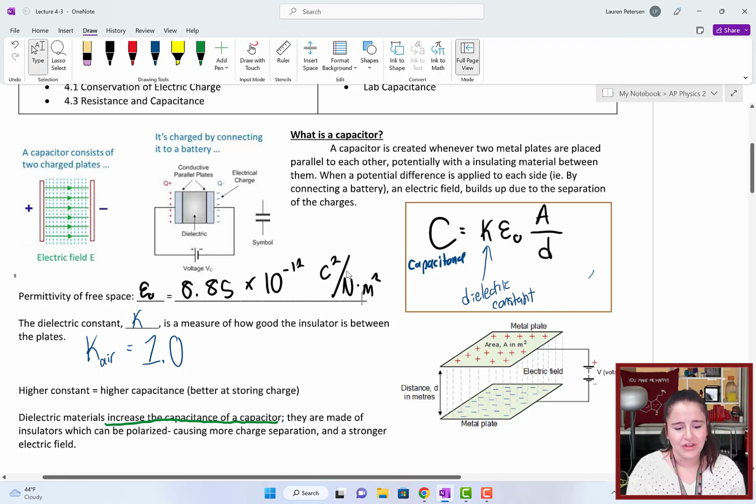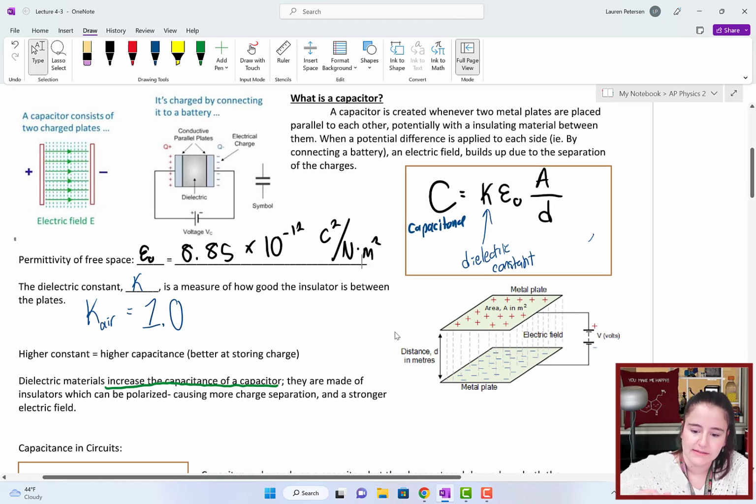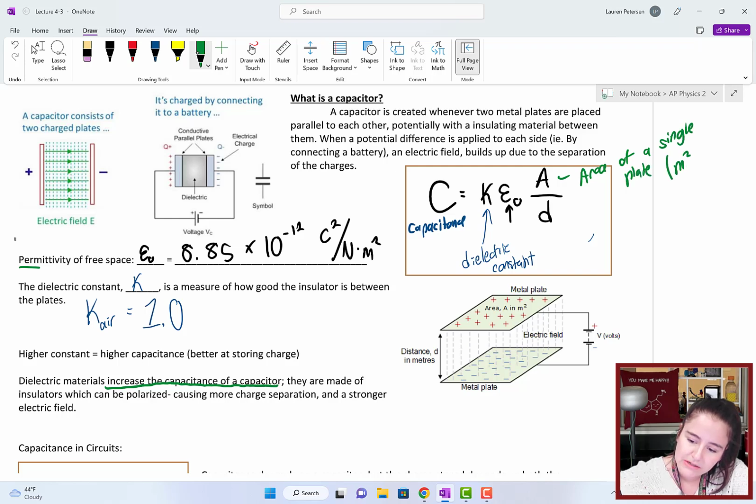Okay, again, units are just kind of made up to make this equation work with our definition of capacitance. Okay, yeah, so that's epsilon naught, the permittivity of free space. A will be the area of a single plate in meters squared, and D is the distance between the plates.